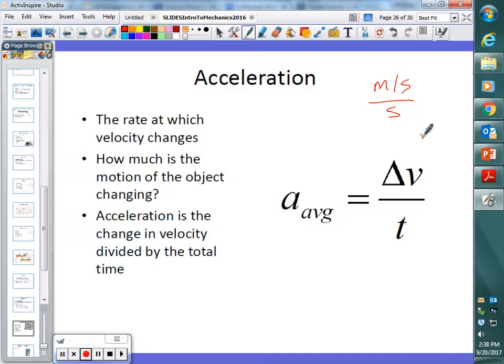A lot of times you will see this fraction simplified to look like this, meters over seconds squared, which mathematically is an equivalent fraction. However, it can be a little misleading. First, what is seconds squared, right? You can't really measure seconds squared, right?